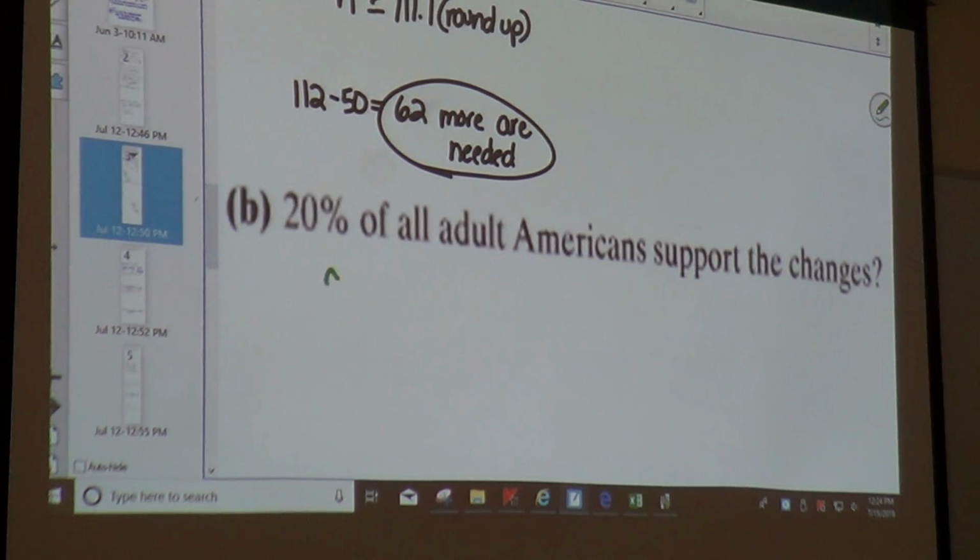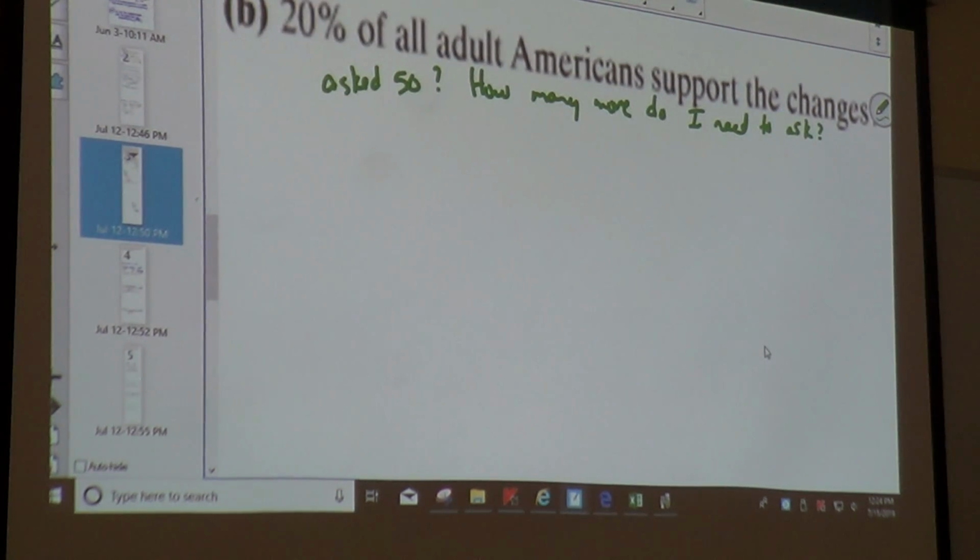So I still asked 50 people, which was not enough. How many more do I need to ask? It was n p (1 minus p) is greater than or equal to 10. How many more people do I need to ask?